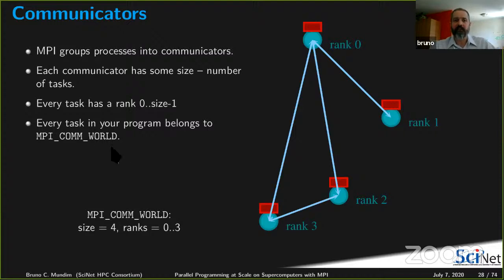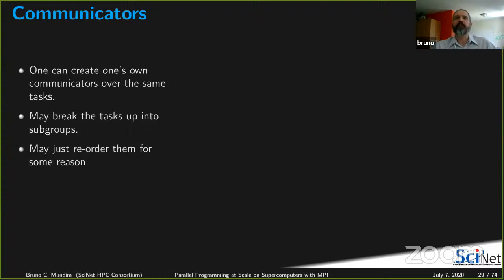When you start your MPI program, every task will be there, and that number will match the number of processes that you asked to run your MPI code with. Here you see MPI_COMM_WORLD with size 4, so the ranks run from 0 to 3.